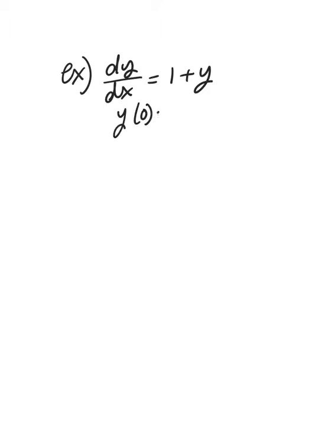All right, so our first example. Let's say we have dy over dx equals 1 plus y. So that is our differential equation. You have to start out with a point that we know, like our example of square root of 4 is 2. That's the point that we knew. We're going to start out with a point that we know, and it's going to be given to you. y of 0 equals 1.